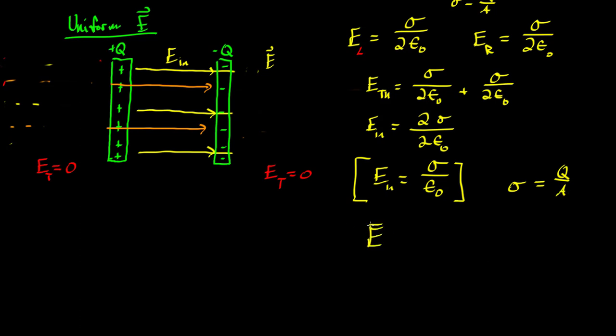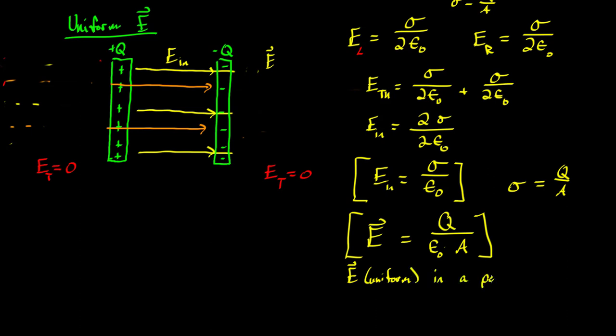The electric field strength is equal to the charge over the permittivity times the area, and this is what will be more useful. If we know charge density, we can use this. But this is the E field, the uniform E field, in a parallel plate capacitor. I don't know if that's how you spell it. Parallel plate capacitor.